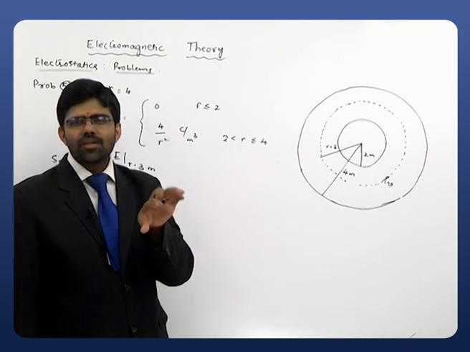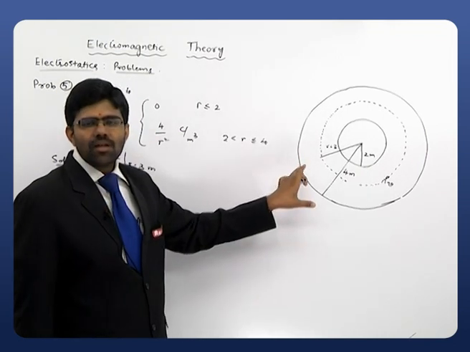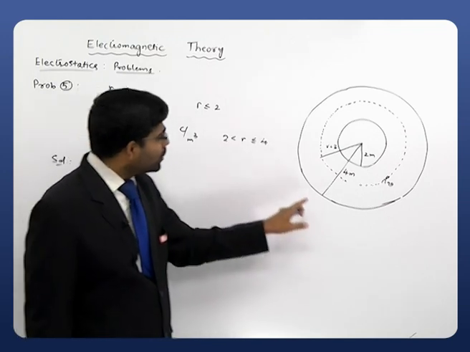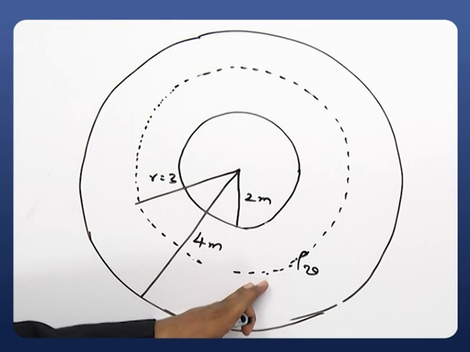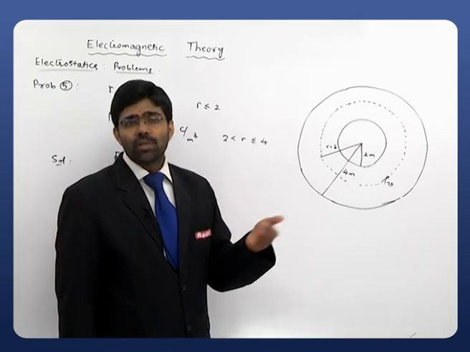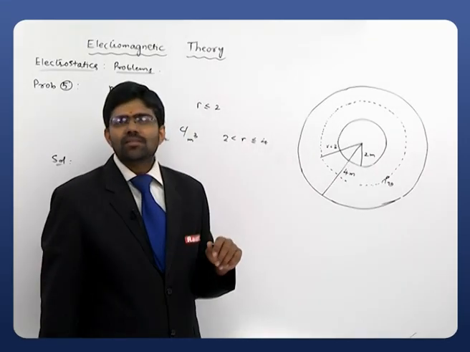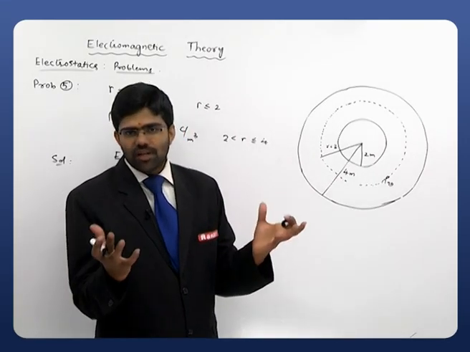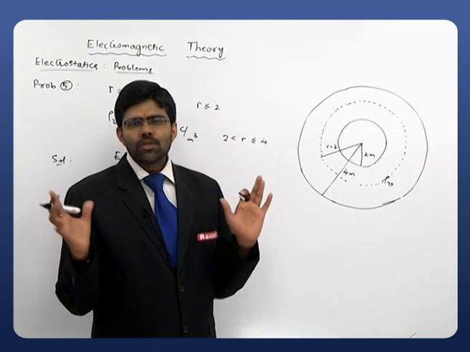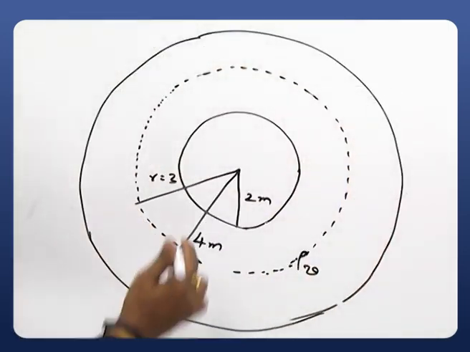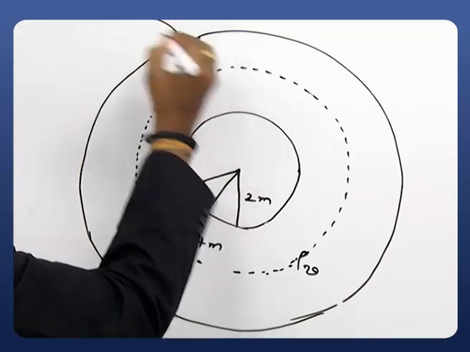It is very convenient to solve the problem if we apply Gauss law. So I will form a Gaussian surface at the point we require. Here, at r equals 3 we form a Gaussian sphere, so take this dotted sphere as the Gaussian surface.